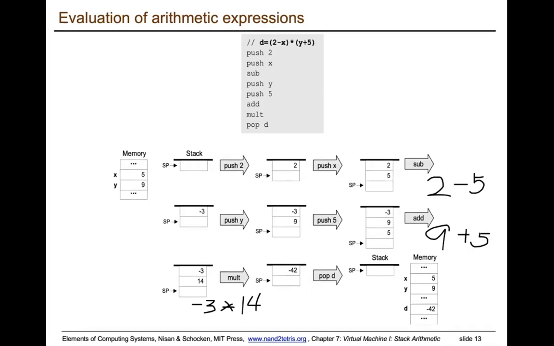Then you pop D, which means you pop this value, negative 42, and it goes to the D memory. So move this one to D. Did everyone do it correctly?